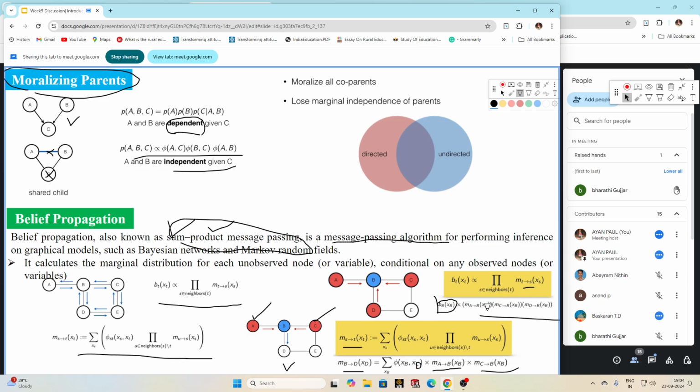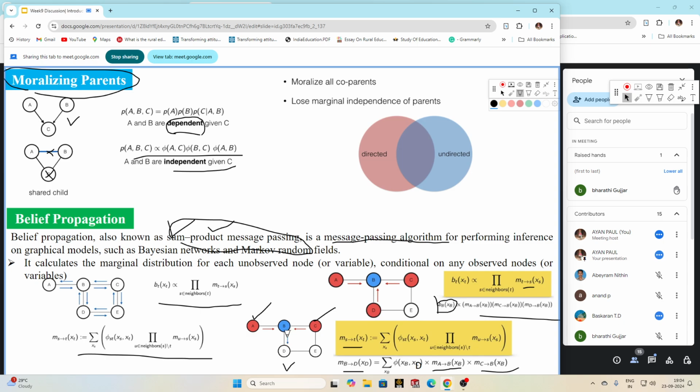So here, only the messages being received by B are considered in the product. Is that right? Or do we need to consider what is being sent to others also, because it is an undirected graph? In an undirected two-way graph, communication is possible in both directions: you can send the information as well as receive it.